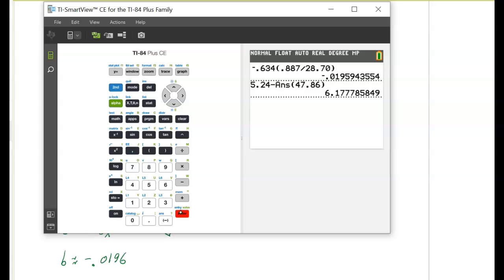Others of you liked the way Cole showed us. Cole is one of the students in period 9. So 5.24 minus, and then Cole liked to press the up arrow key and highlight the value, and it will type that number in, and then you can say times 47.86. Either way, you will notice you get 6.177.